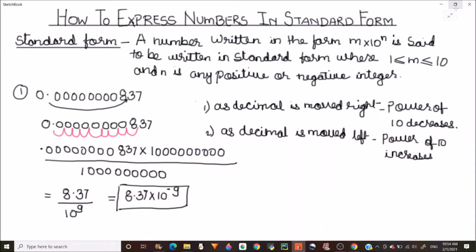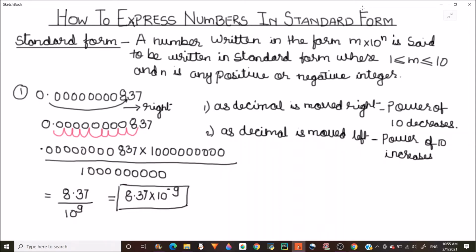Here we see that the power of 10 is negative, which is decreasing. So you have to remember these two points for the shortcut method.